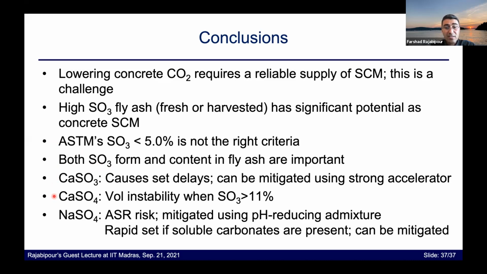Calcium sulfate may cause volume instability at very high SO3 contents. And the sodium sulfate primarily has two issues: the ASR risk, which can be mitigated by pH regulating admixtures, and if there are soluble carbonates present, it can cause rapid setting, which is also something that could be addressed by use of admixtures.